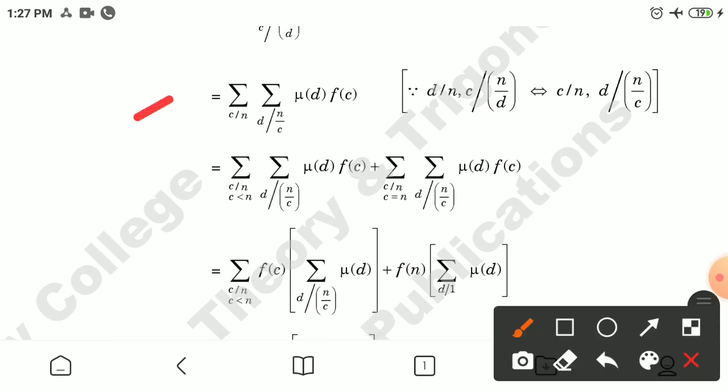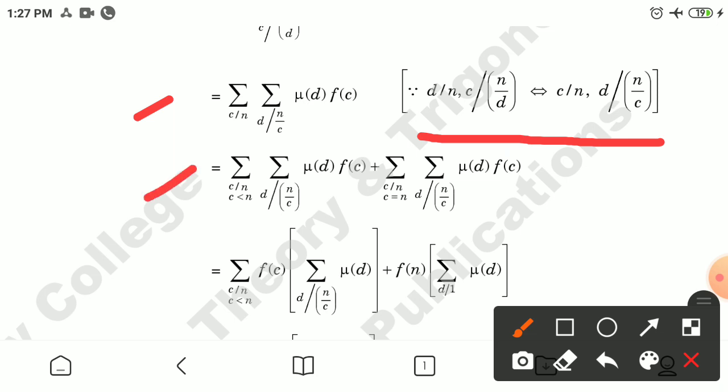This is equal to summation over c dividing n, summation over d dividing n/c, of mu(d) f(c). Since when d divides n, c divides n/d, this implies a correspondence: c divides n, d divides n/c.